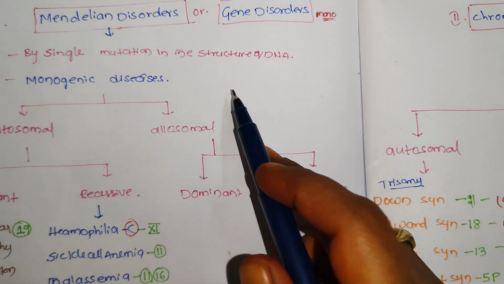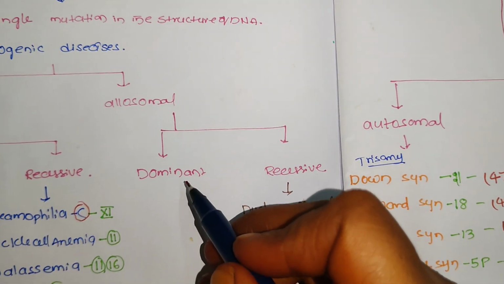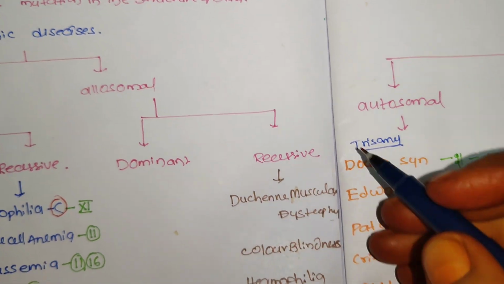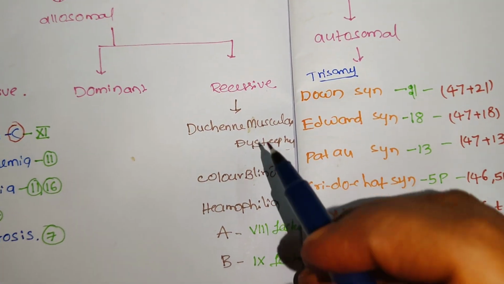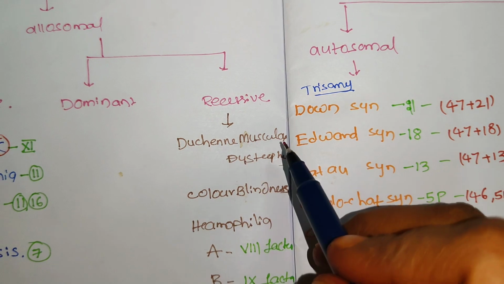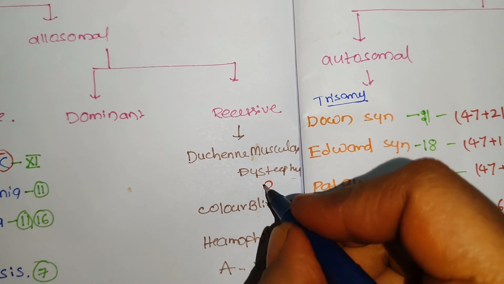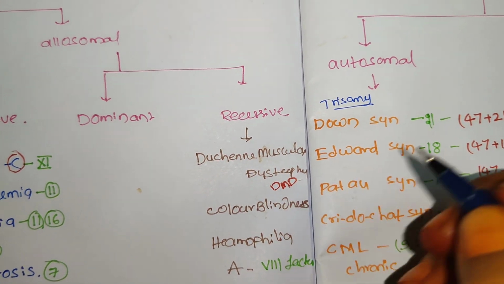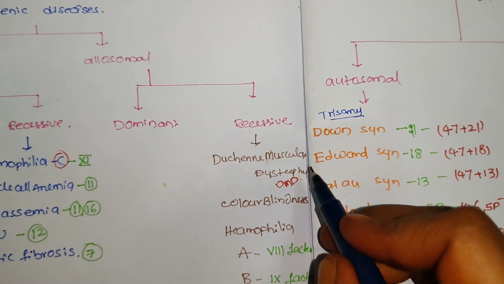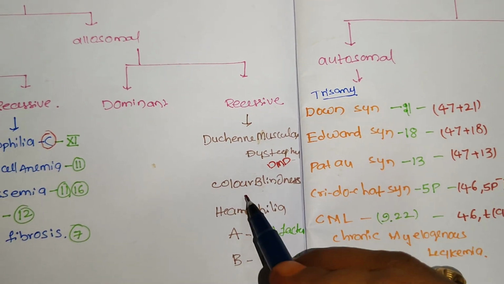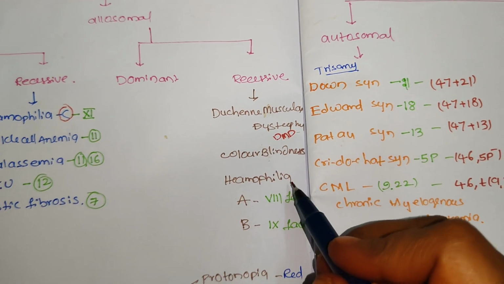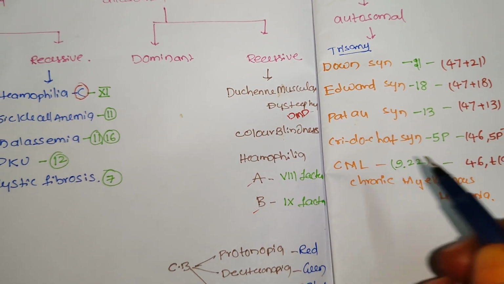Then allosomal gene disorders. There is no dominant allosomal disorder; all are recessive disorders. That is Duchenne muscular dystrophy, DMD, color blindness, and hemophilia A and B.